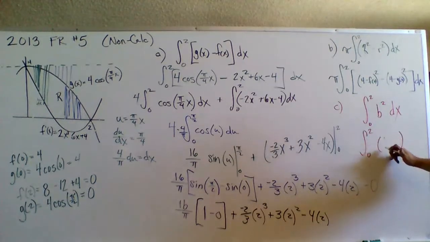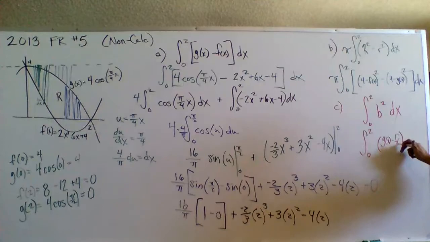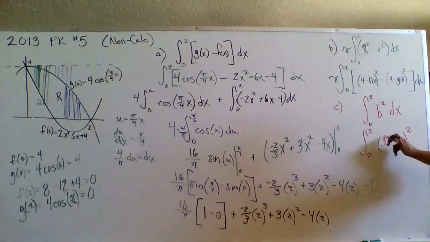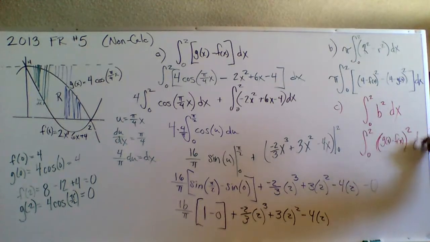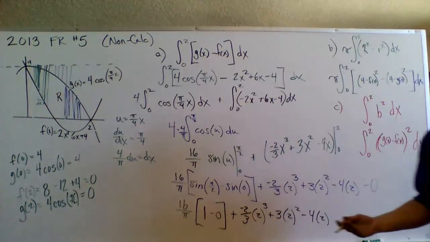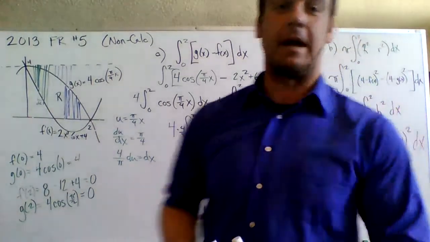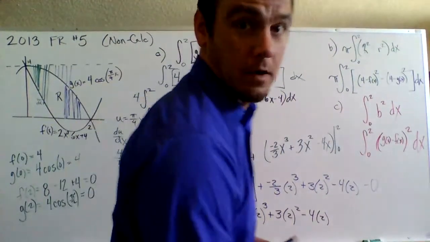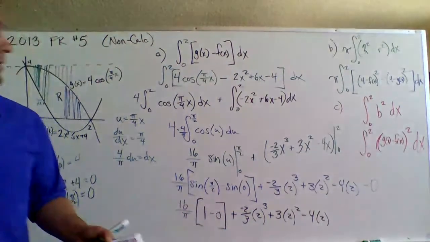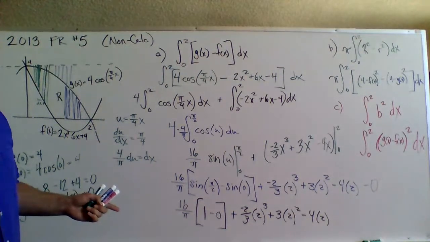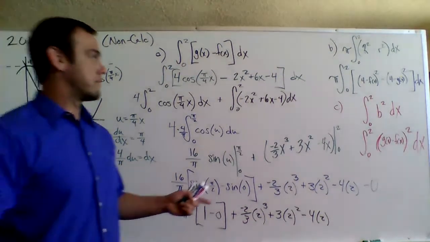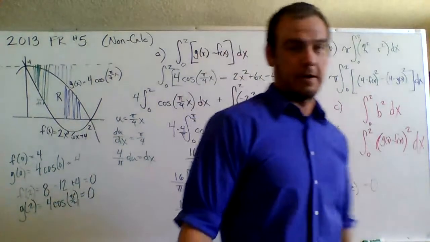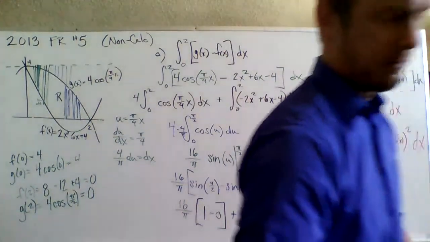I said my top was g of x minus my bottom f of x. Make sure I square all of this. dx, and we're done. It says write, but do not evaluate. That has nothing to do with the pi. The area of a square has nothing to do with pi. Don't get in the habit of always putting pi there. It's silly.